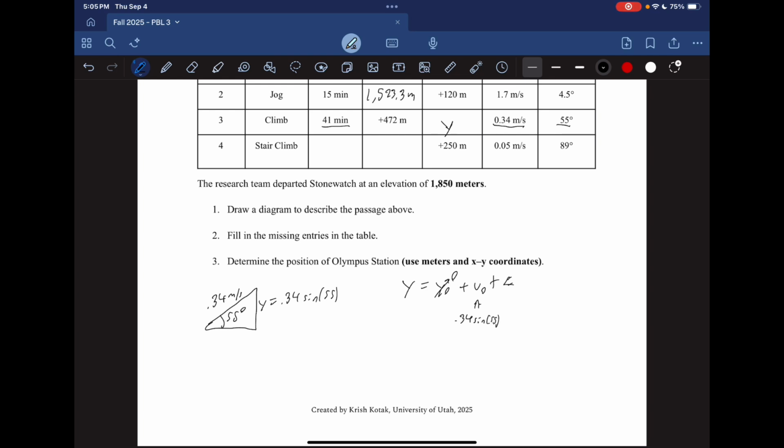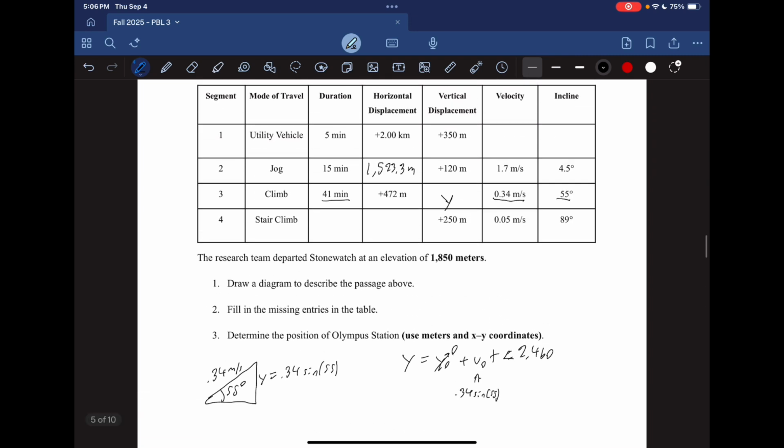And then our time t is 41 minutes. 41 times 60 is 2,460 seconds. Multiplying that by 0.34 and then times sine of 55 gives us 685.1 meters that they travel in the y direction during that leg.